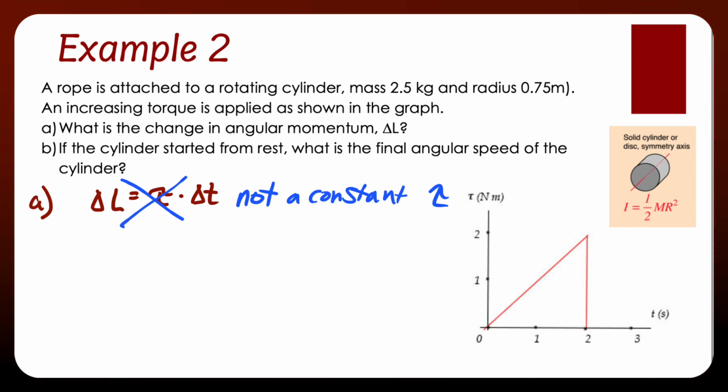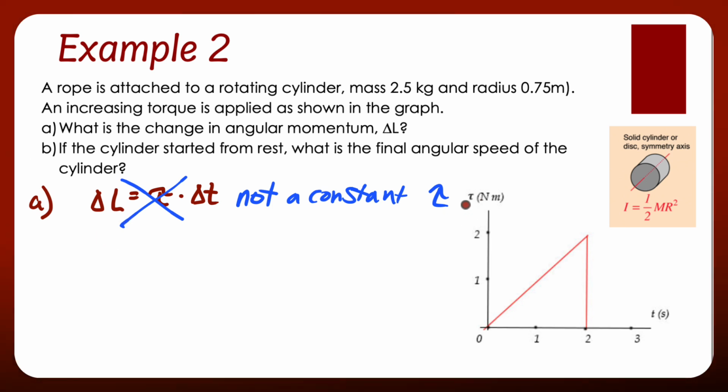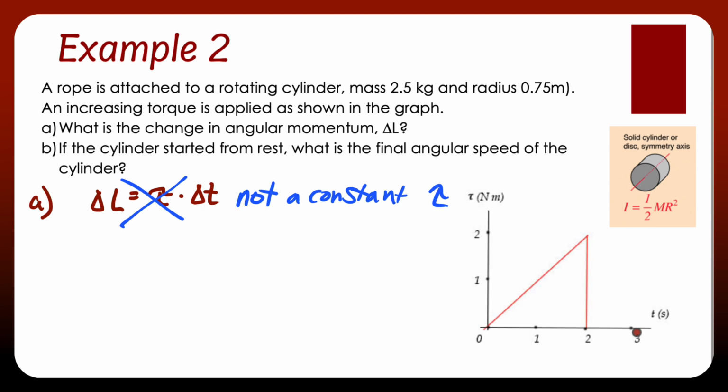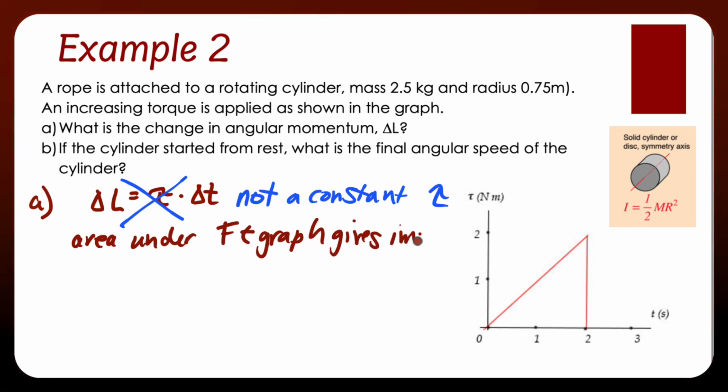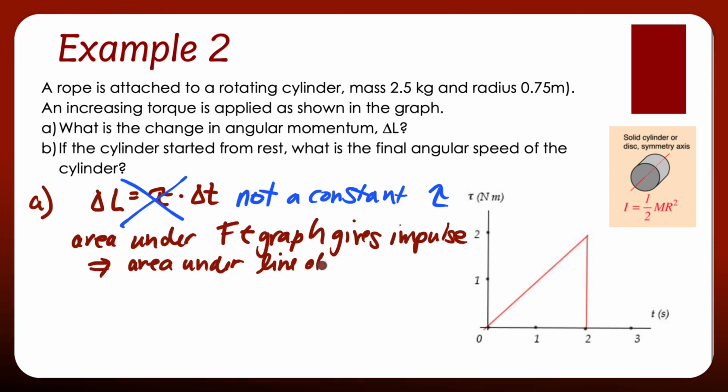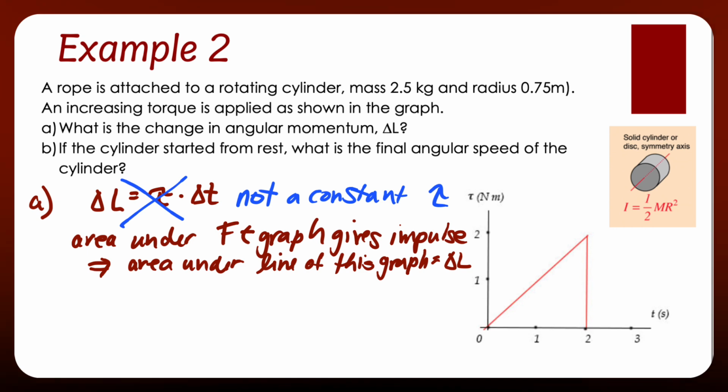But if you recall, if I had a force versus time graph, the area underneath the line would give me the impulse. So if I get the area under this line, this will give me my change in angular momentum.